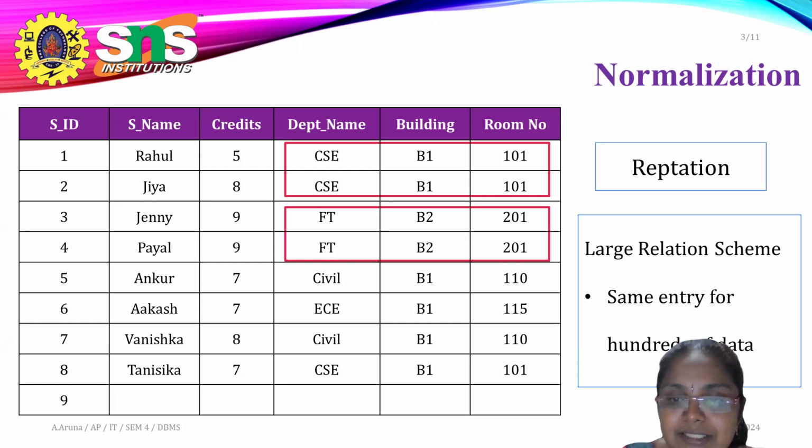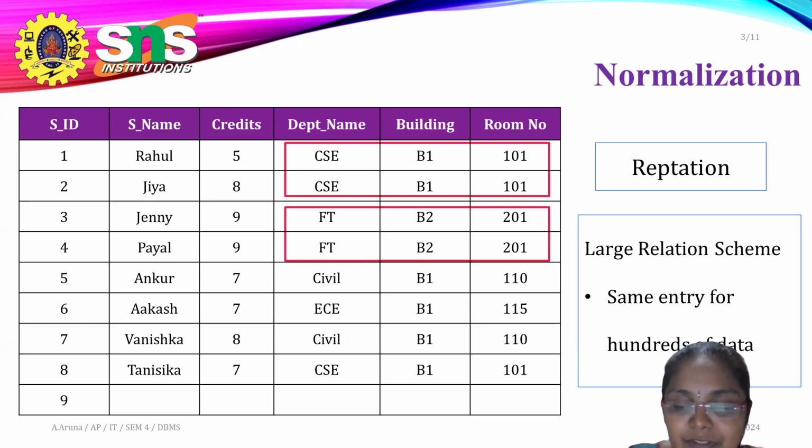This is a larger schema. If under the CSC department I have to change the building number from B1 to B7, I'm going to update my CSC department, whose building is now B7. If this table has 1,000 or 10,000 entries, I can't enter it in each and every one.